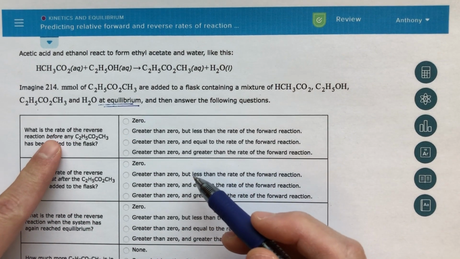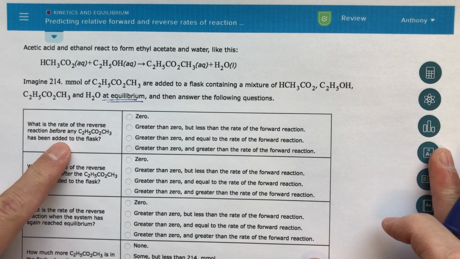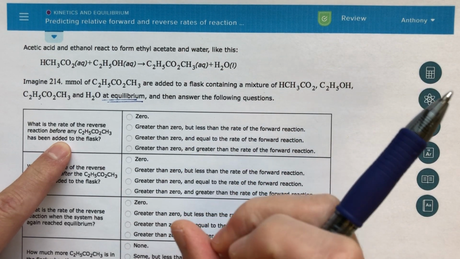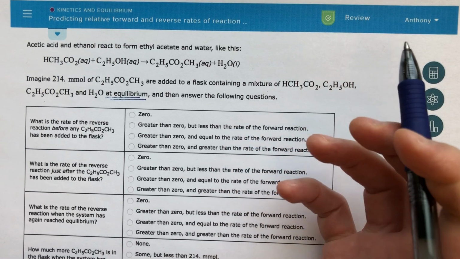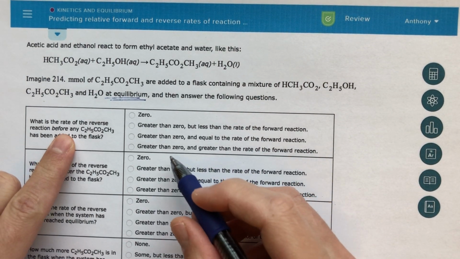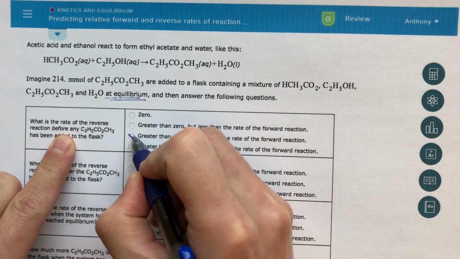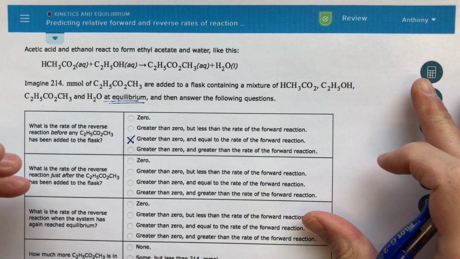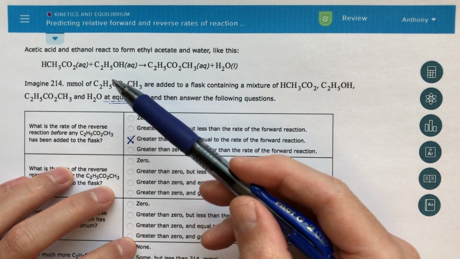So the first question here says, what is the rate of the reverse reaction before we add more of this into the flask? So we're saying, we've got this system at equilibrium. What does that mean? What's going to be happening? And then we're going to change it. So before we do anything, the correct answer here is greater than 0 and equal to the rate of the forward reaction. So this is the whole concept of equilibrium, that when these reactions get to equilibrium, the rates of the forward and reverse reactions are going to be the same.